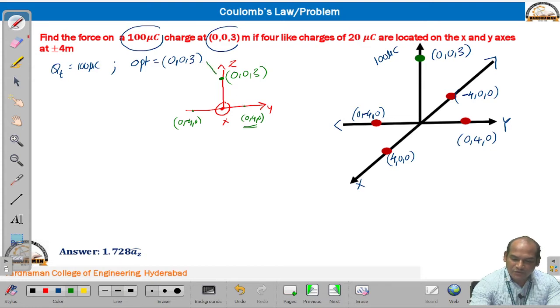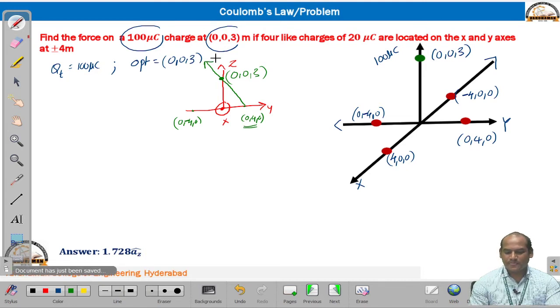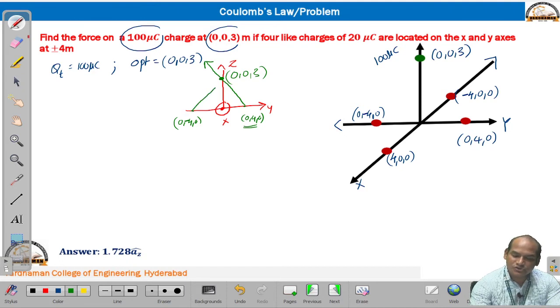Like this we have to take. The force direction is along the line which is joining the test charge and the source charge. Now, based upon the charge which is available at 0, minus 4, 0, the force on the test charge is along the line which is joining those two, that is like this.